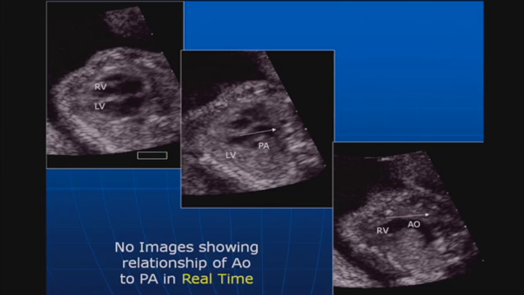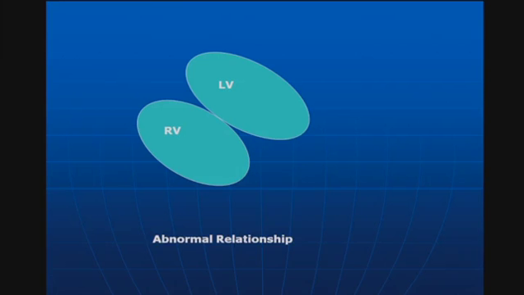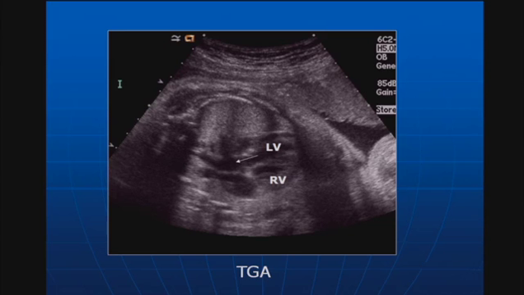And in fact, if we look at this, you really have to look in real time at this case because there's almost parallel aorta and pulmonary artery, and this is a case of transposition. So you have to look for that relationship in real time. They should cross. If they don't cross, you have parallel vessels. This could be an indication of transposition.